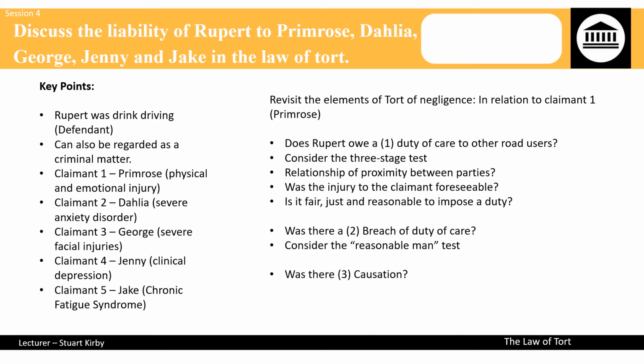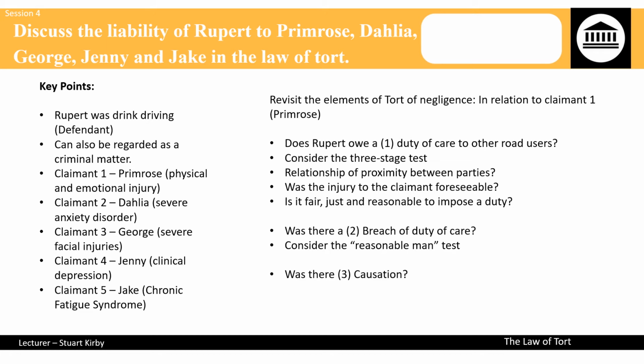And it can be seen that Rupert doesn't have any mental health issues or anything; that's not been indicated. So we can say that Rupert is being judged as the average person, under the reasonable man test, and therefore he's breached his duty of care.